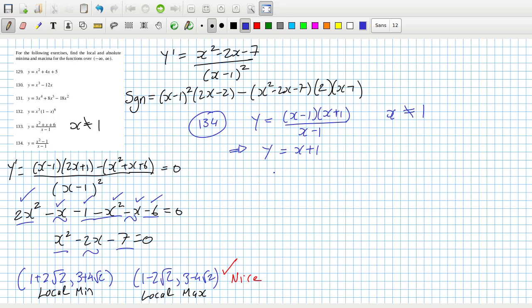Which has no global max, no global min, no local max or no local min. There's nothing. So the graph is going to look like this.